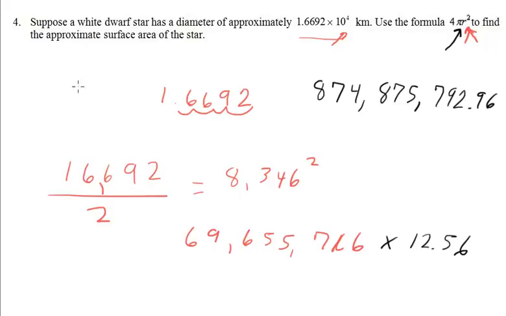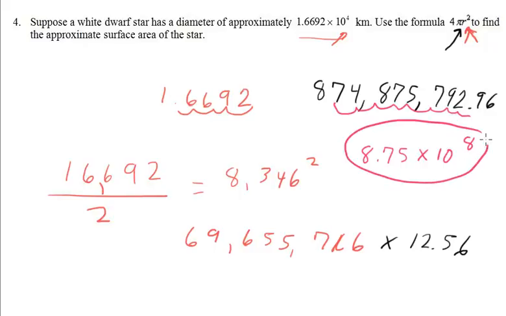So we want to put this in scientific notation, so we're going to move our decimal point 1, 2, 3, 4, 5, 6, 7, 8 places. I'm going to round to 8.75 times 10, and I moved the decimal point 8 places, so I got 10 to the 8th. So that's it, 8.75 times 10 to the 8th.